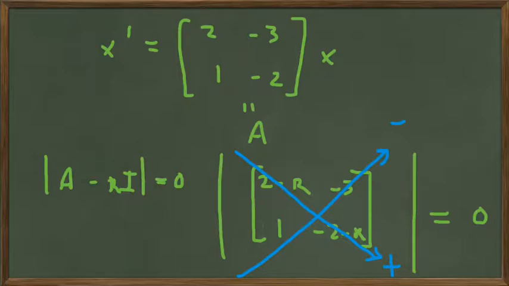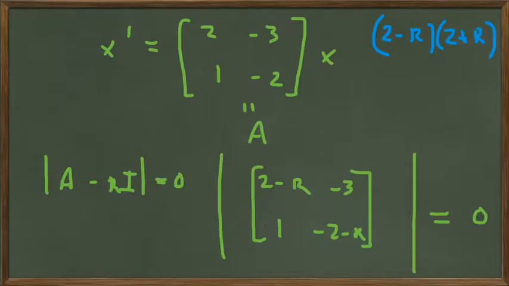So if we take the down diagonal, the positive product of that, that's 2 minus r, and the other entry is minus 2 minus r. But if we factor a minus 1 out of that, that's 2 plus r, so there's the minus 1 factored out. And then we're subtracting, so it's minus minus 3 plus 3 equals 0.